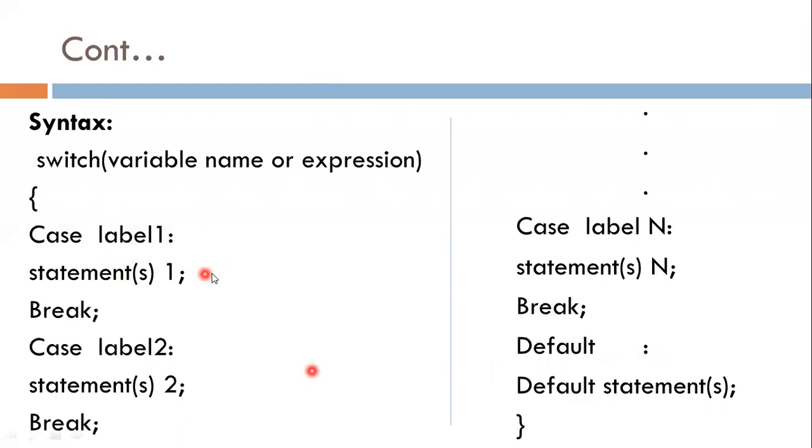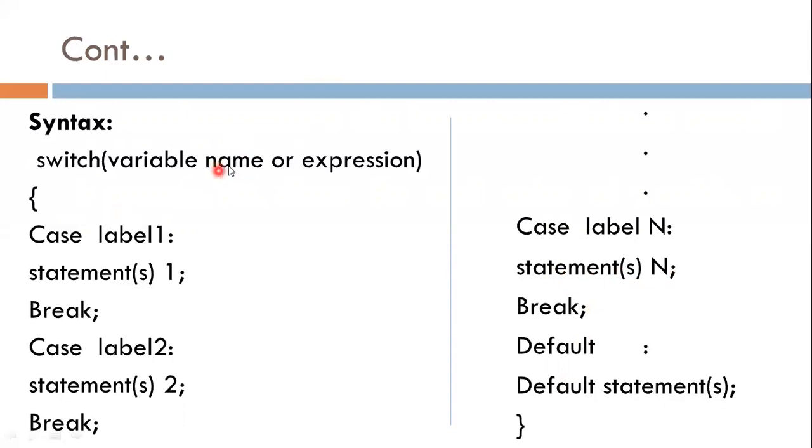In each and every case, write the related statement or statements with a semicolon and then break. So write statement 1, then break, then statement 2, then break. Similarly for all the cases, and at last the default statement or statements.